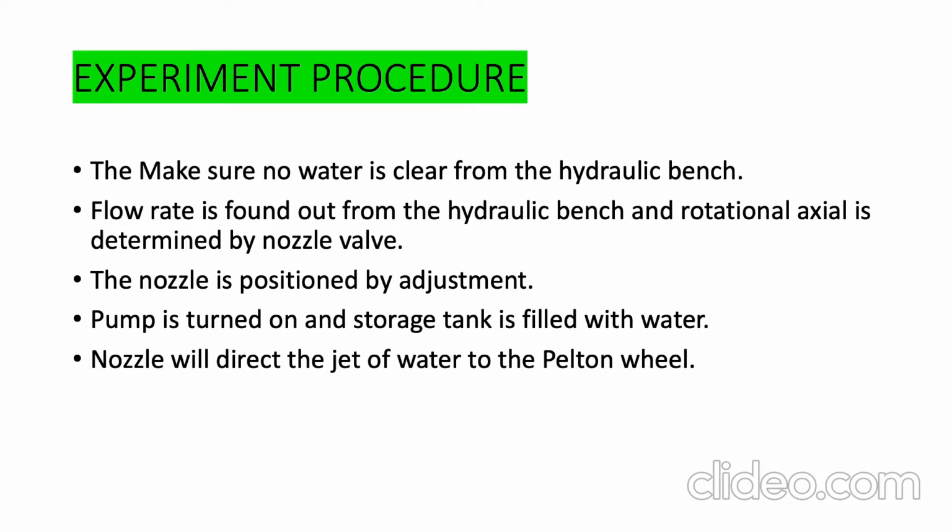The second one is the flow rate is found out from the hydraulic bench, and rotational speed is determined by the nozzle valve. The next is the nozzle is positioned by adjustment. Next step is the pump is turned on and the storage tank is filled with water. And the last one is the nozzle will direct the jet of water to the Pelton wheel.